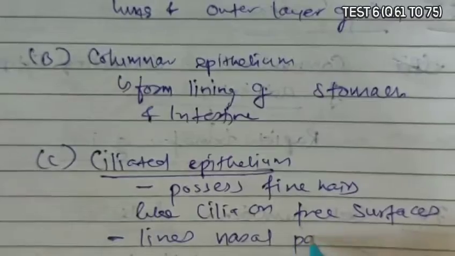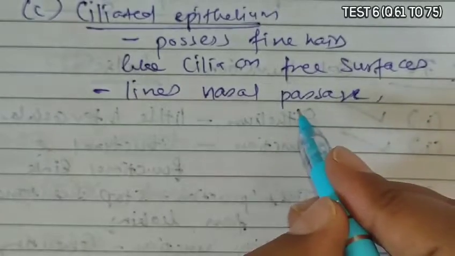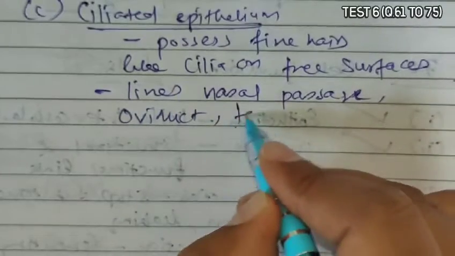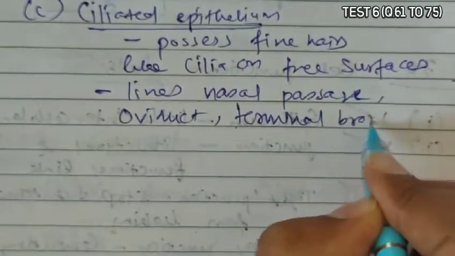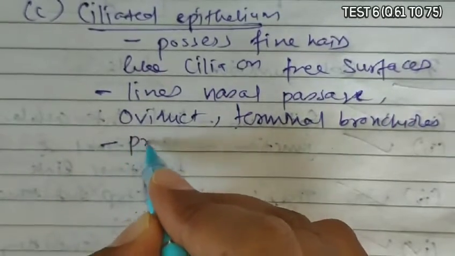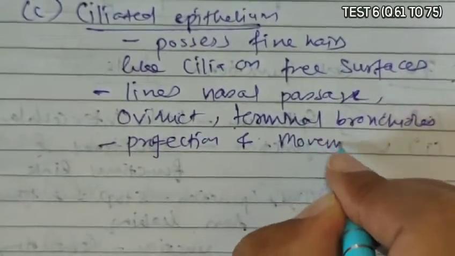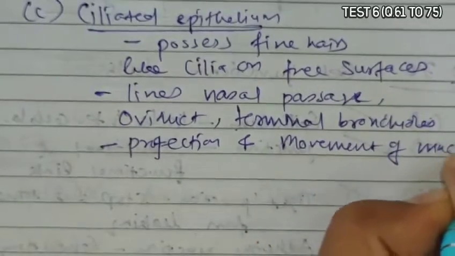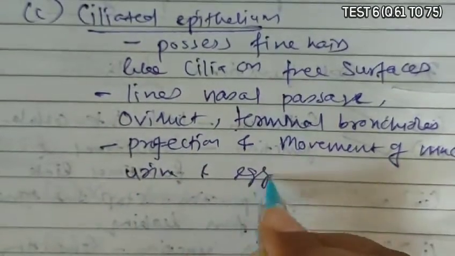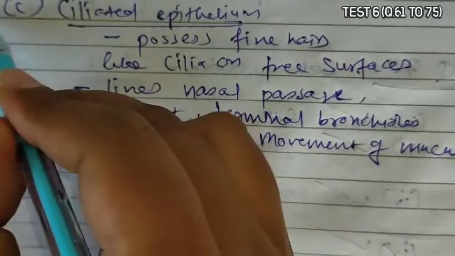This epithelium lines nasal passage, oviduct, that is fallopian tube, and terminal bronchioles. Major function is protection and movement of mucus, urine and egg in a particular direction. So our question was also with respect to the bronchus and fallopian tube. So C is the correct answer.